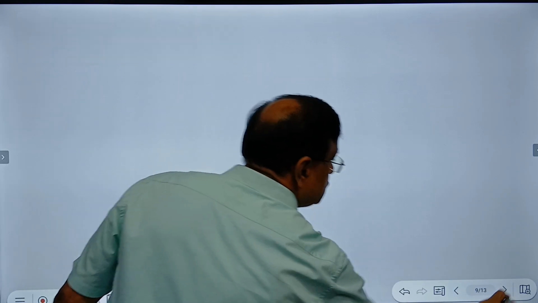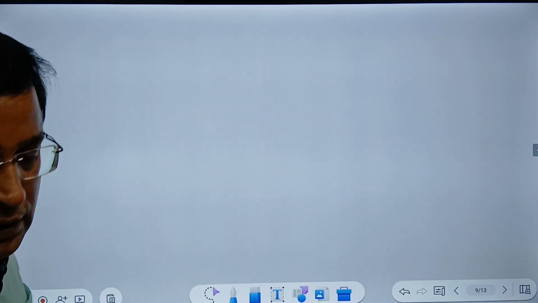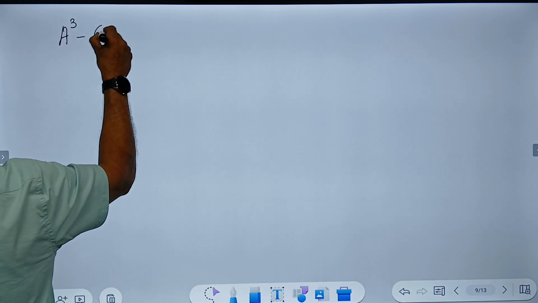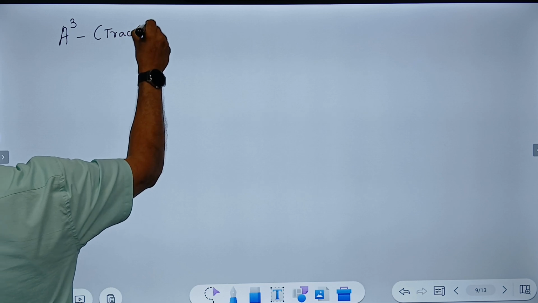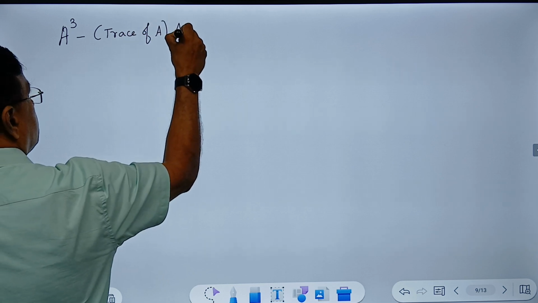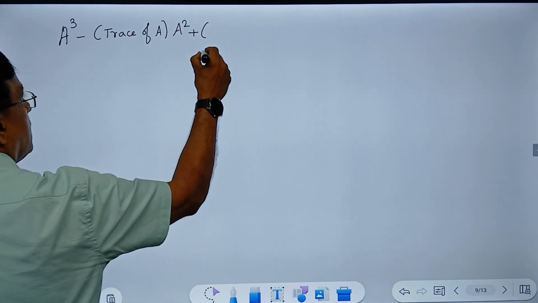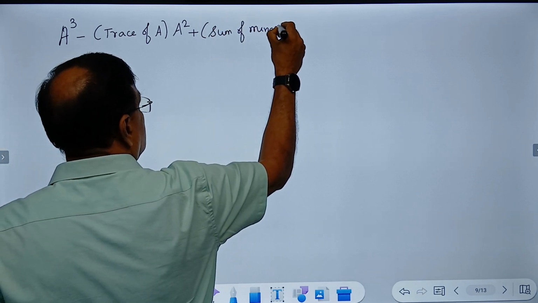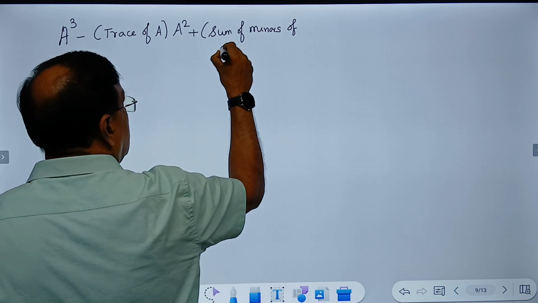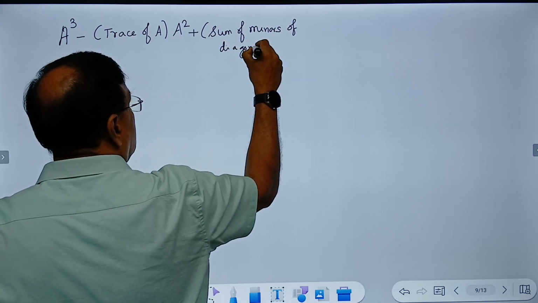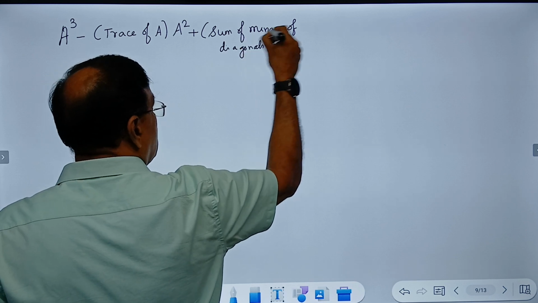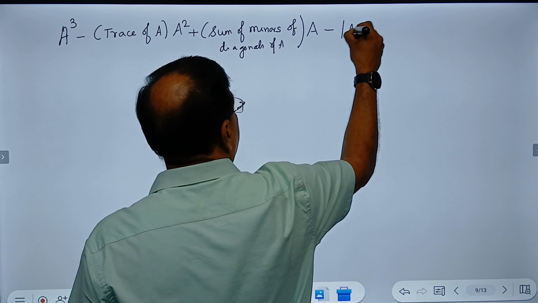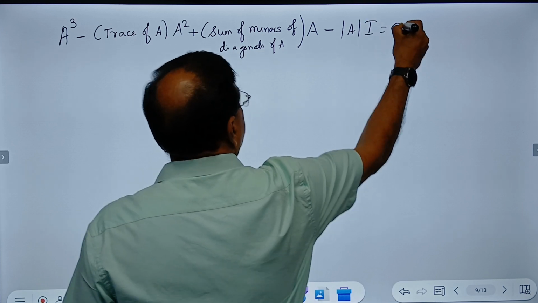Okay. There's another shortcut. You can have A cube minus trace of A into A square plus sum of the minors of the diagonal elements of A, when I say diagonals, I am talking about the main diagonal, into A minus determinant A into I equal to 0.